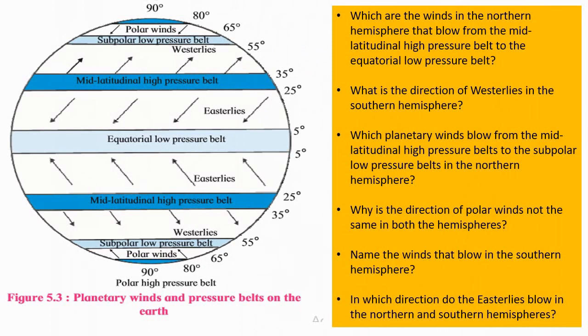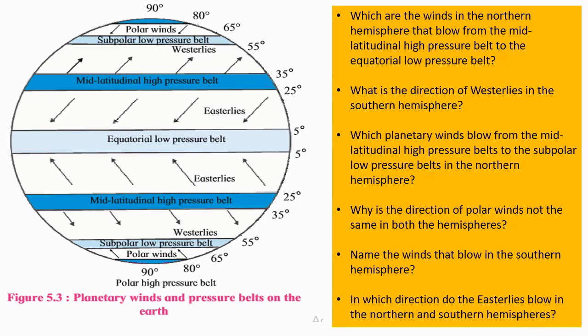After understanding the planetary winds and its types, now we are going to discuss the question given in your textbook on page number 22 based on planetary winds. First, which are the winds in the northern hemisphere that blow from the mid-latitudinal high pressure belt to the equatorial low pressure belt?